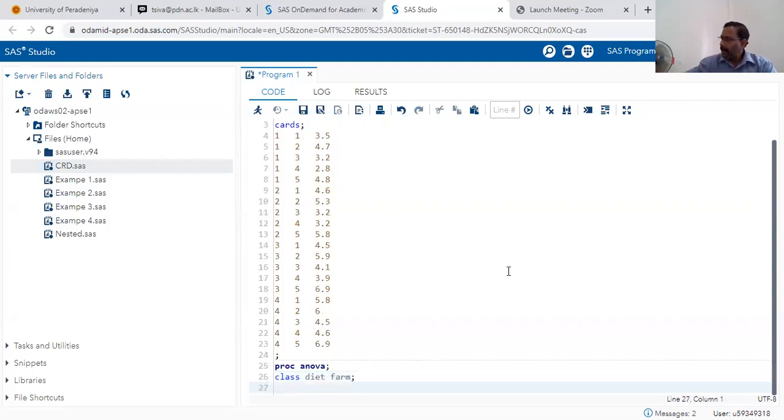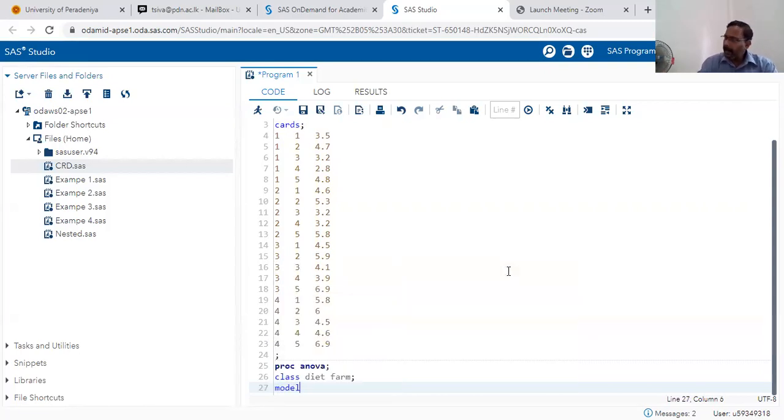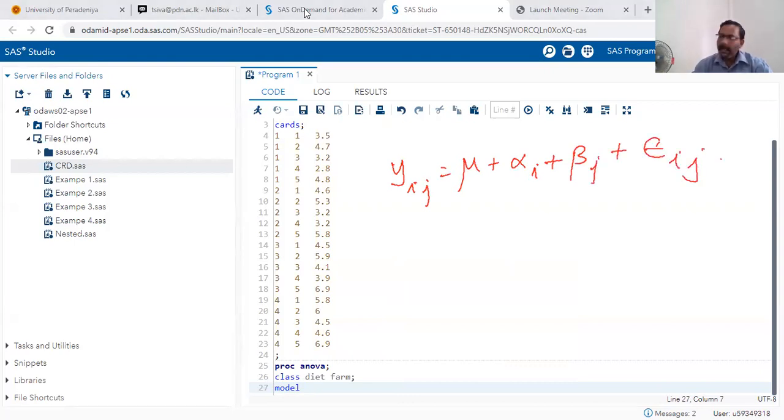Now tell me, what is the model? How can we write the model? If you can recall your RCBD model, Yij is equal to mu plus alpha i plus beta j plus error term. So what are the things that we want to include in the model? We don't need to include the error term. We need treatment and block.